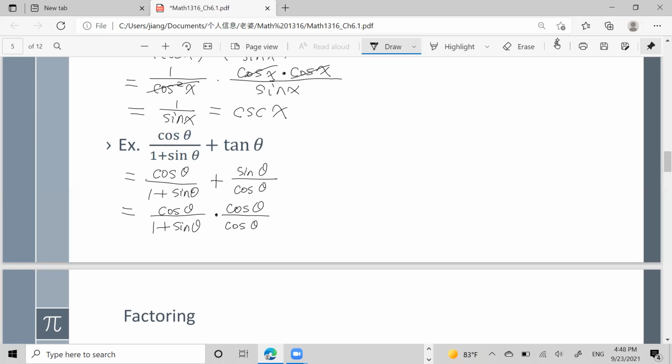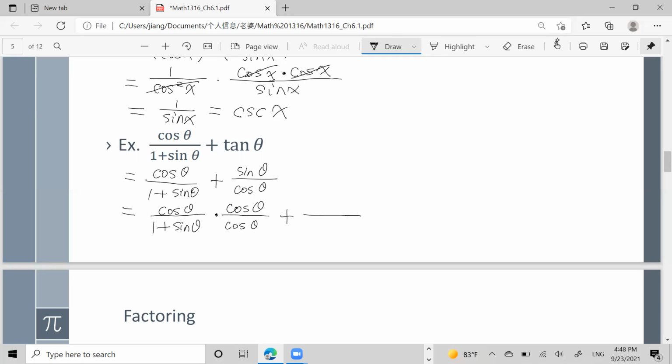If I want to create the denominator (1 + sine theta) times cosine theta, I multiply this term by cosine theta over cosine theta.